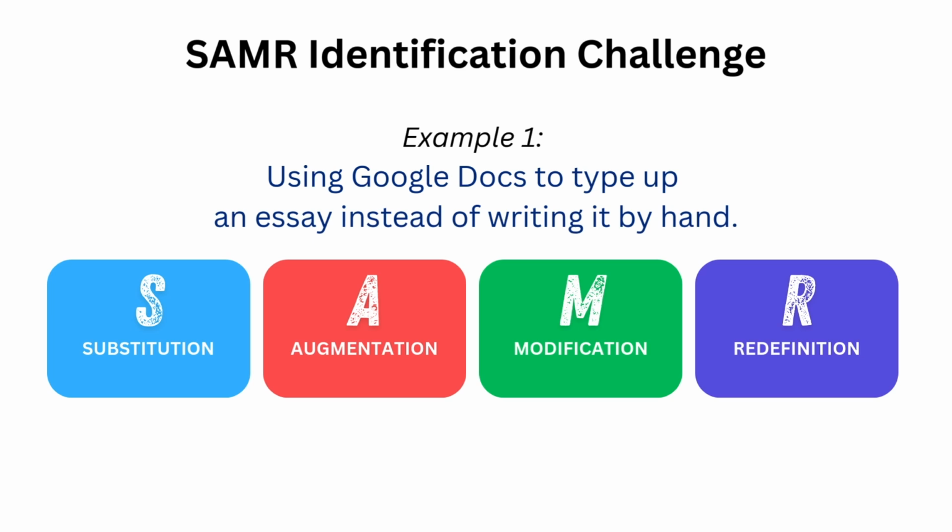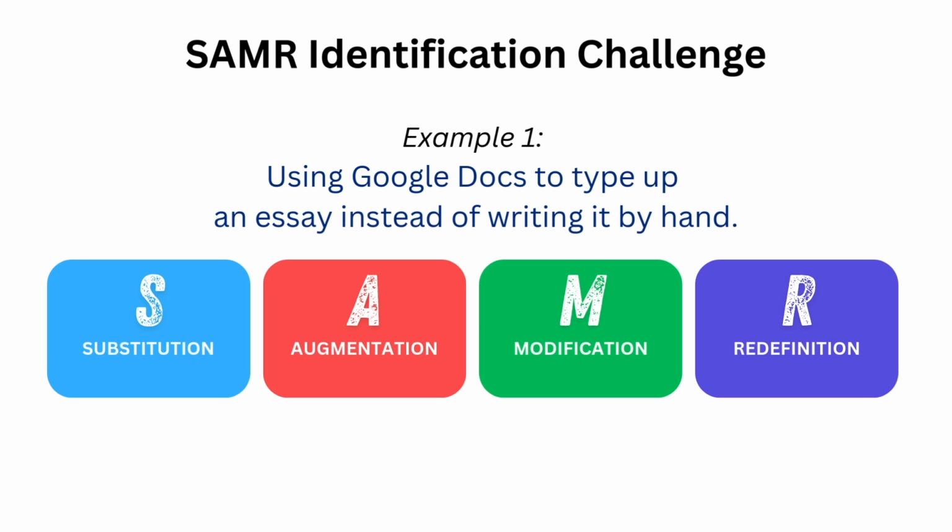Consider which of the four levels, substitution, augmentation, modification, or redefinition, best aligns with the way technology is used in this example. This exercise will help reinforce how to classify activities within the SAMR model and also think more intentionally about our technology choices. After a moment, I'll show you the best answer.